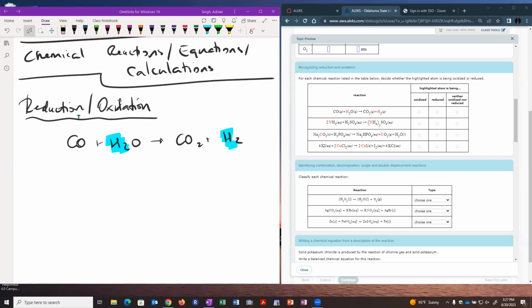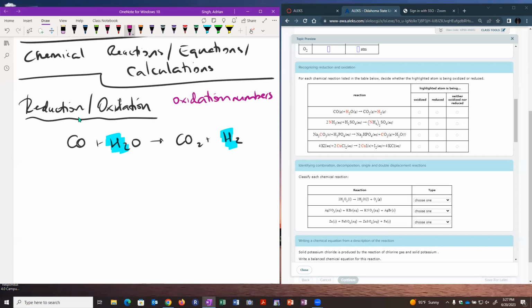One thing to keep in mind is that you can't have one without the other. So if something is undergoing reduction, something else has to undergo oxidation. We can look at what's known as the oxidation numbers to determine whether something is undergoing reduction or oxidation.